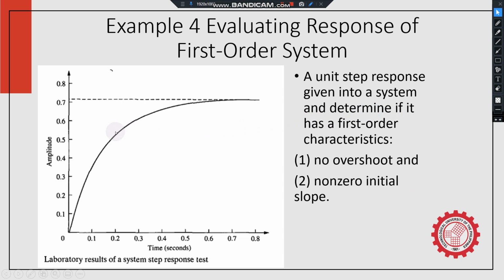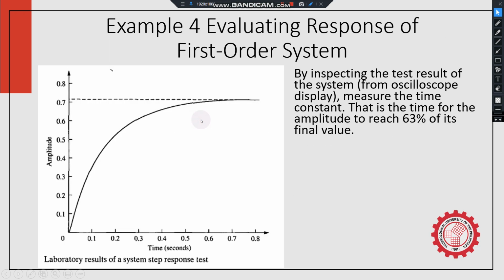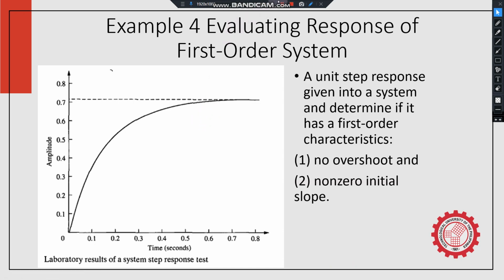Now assuming this is the step function response output, the response curve of our given system. It's a step response with a final value at 0.72. Excuse me for a while.